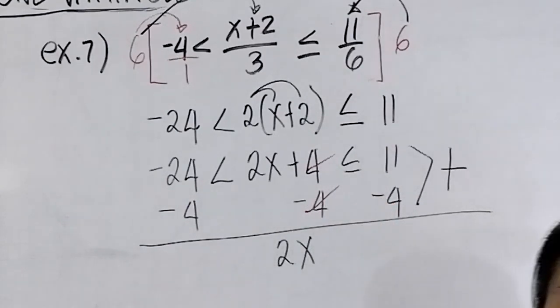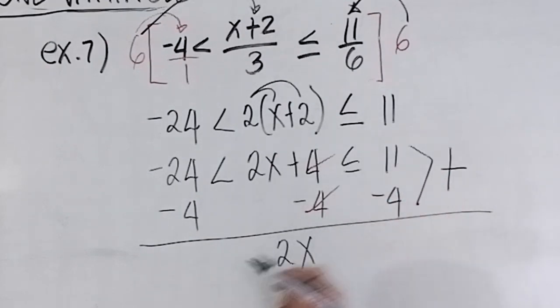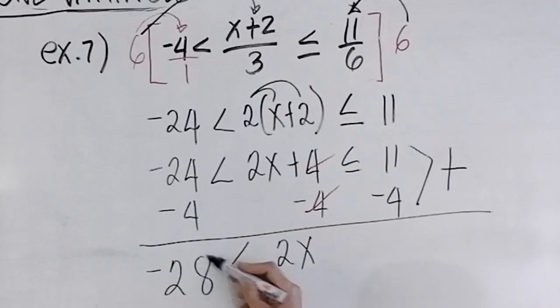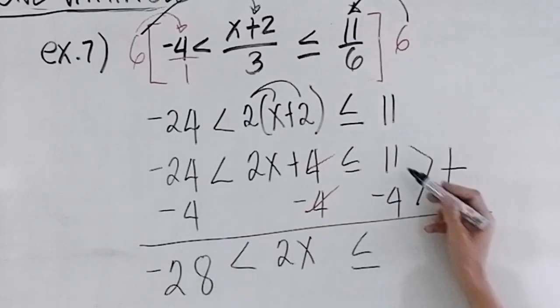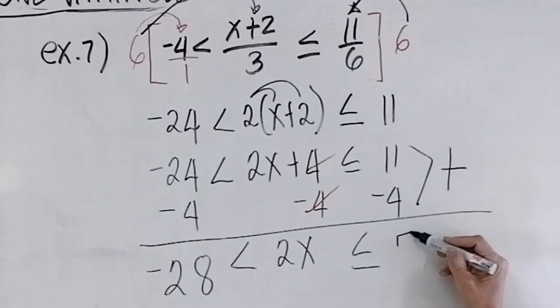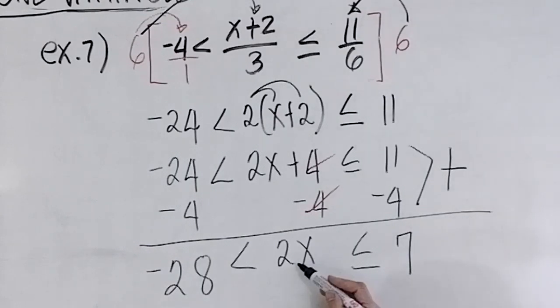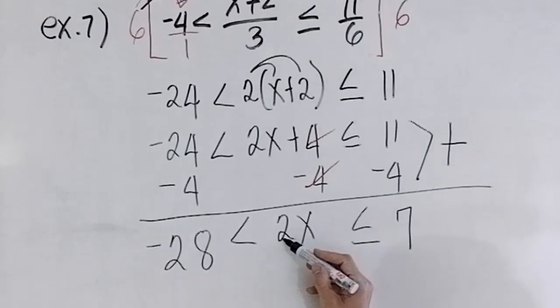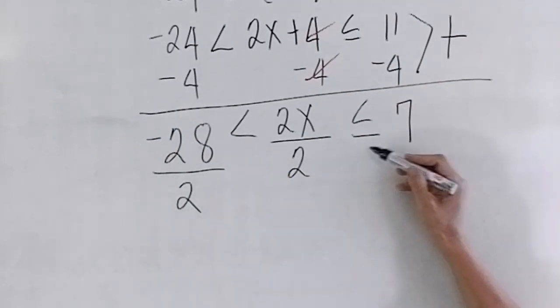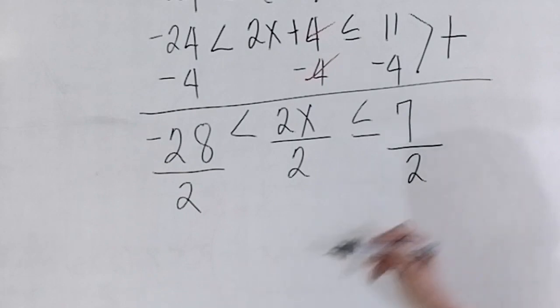If you don't want the word cancel, 4 minus 4 is 0, so that's 2x is greater than negative 28 and less than or equal to 11 minus 4 is 7, positive 7. Then remove the numerical coefficient of x, which is 2, by dividing 2 to all sides.